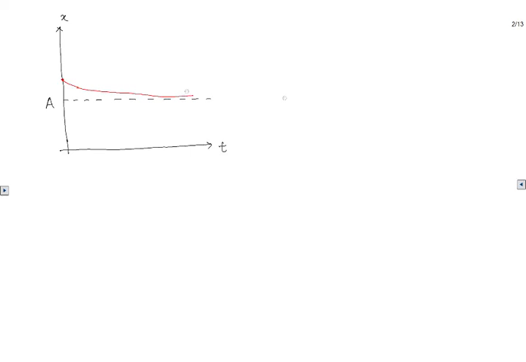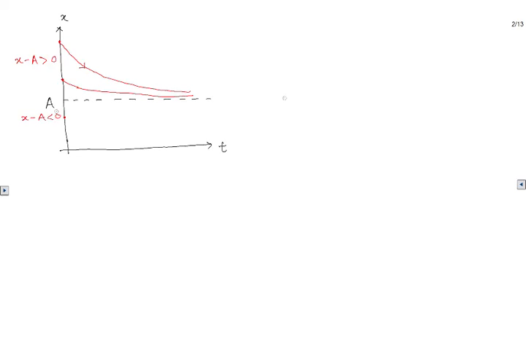If you start with a value where the gap is much larger, we have a higher slope, so it's going to decay fast. That is the situation if you start with a larger value, meaning x minus a is positive. Now let's see what happens if you start with a smaller value, meaning x minus a is negative.